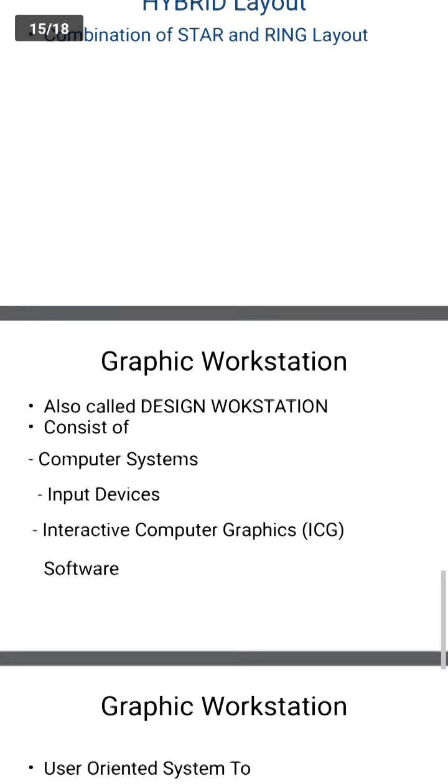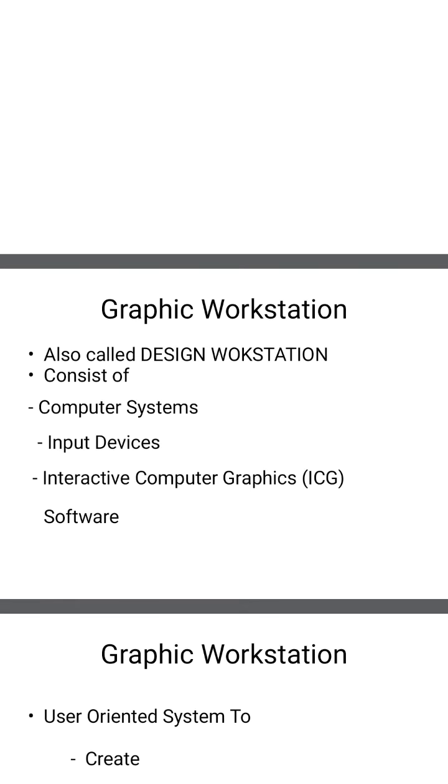Next, what is a graphic workstation? We'll see now. A graphic workstation is similar to the CAD workstation. We have studied in the last classes what a CAD workstation is. It is the same as a graphic workstation and has the typical specification of a personal computer currently available.